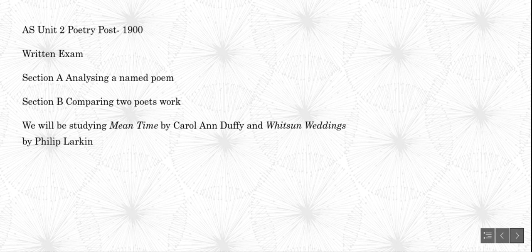The 2 poets we've studied for a few years now are Carol Ann Duffy, her collection called Meantime, and Philip Larkin's Whitsun Weddings. Both of those texts go down very well with the students, they enjoy them, and they allow them to explore very different interpretations of the world around us and the way things influence the individual.